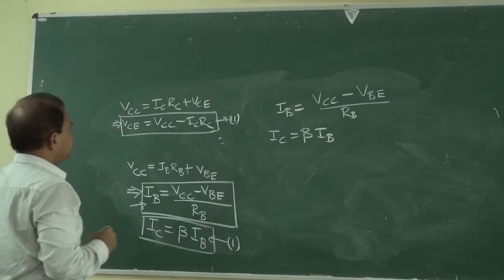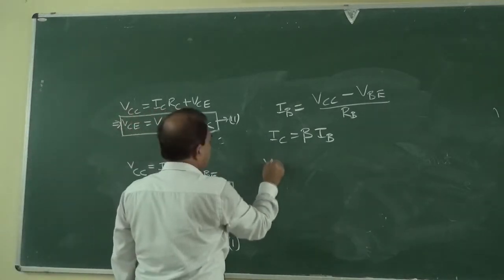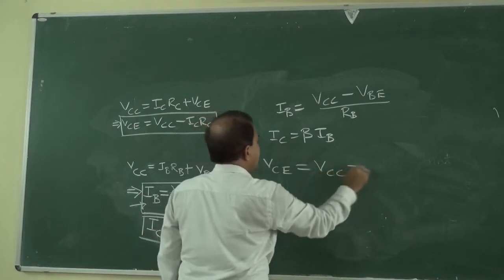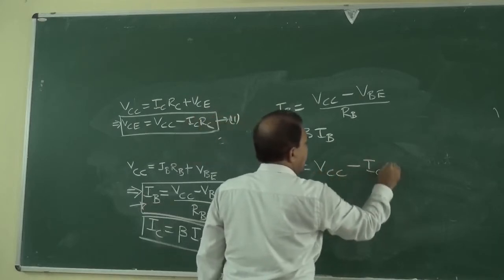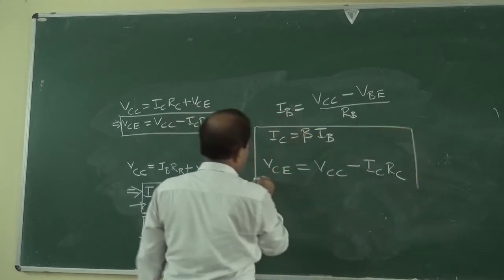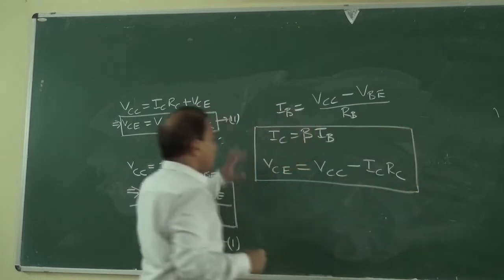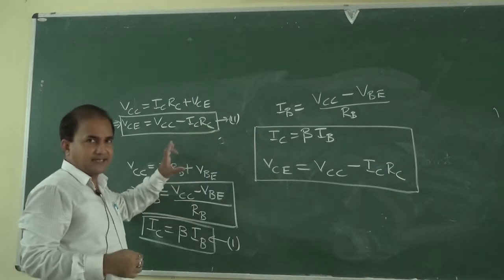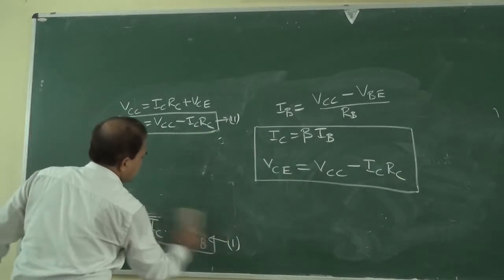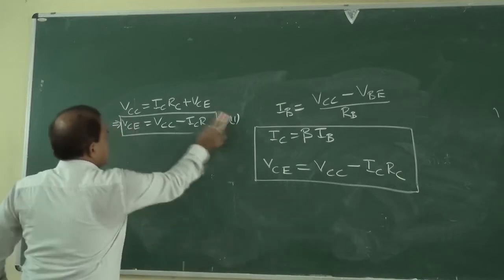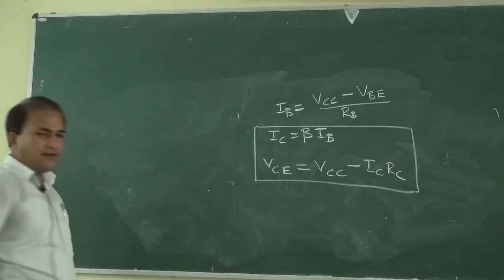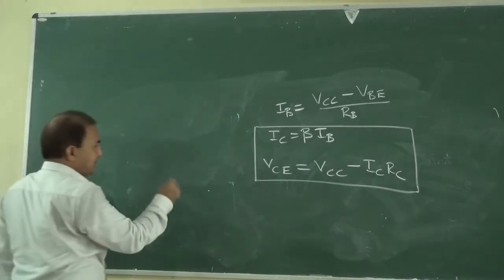And the other operating point is VCE, equal to VCC minus ICRC. So these are the two operating points in fixed bias circuit. Then we can determine the stability.